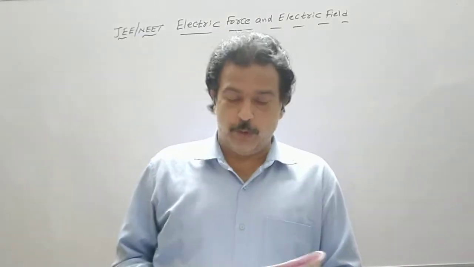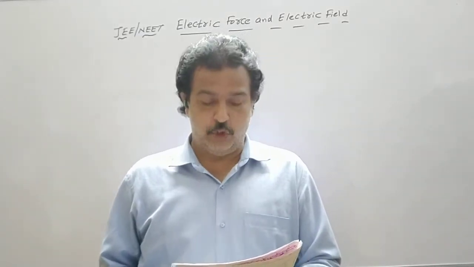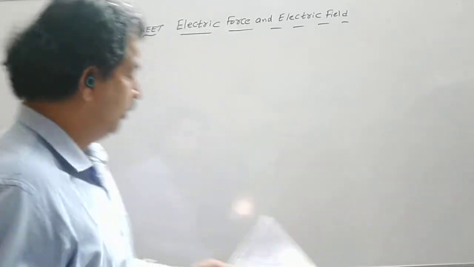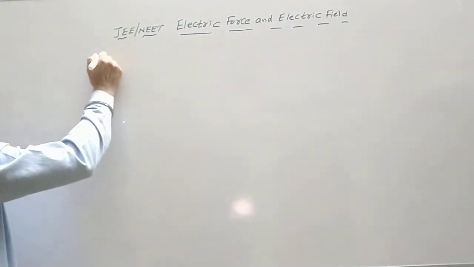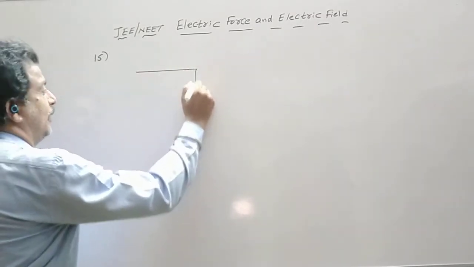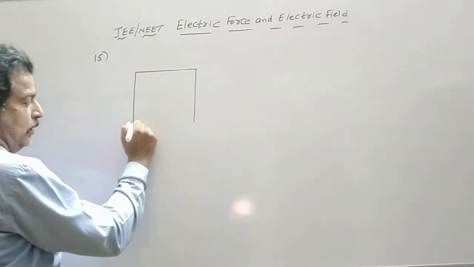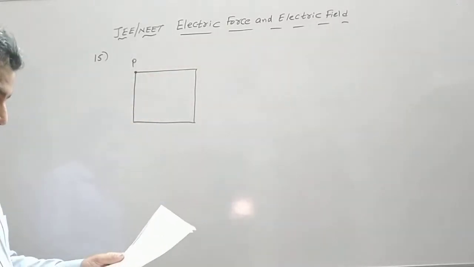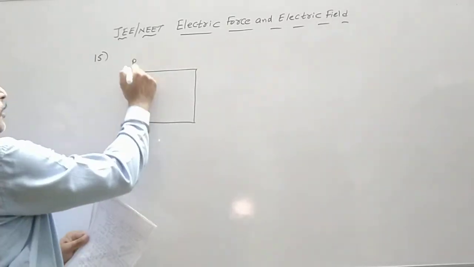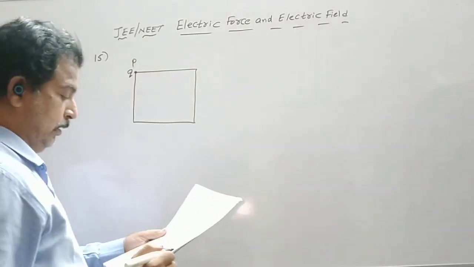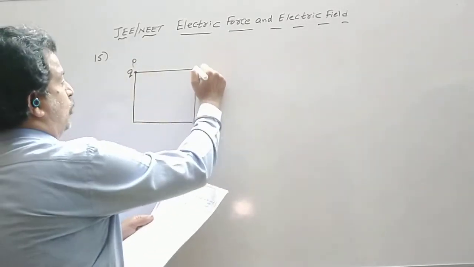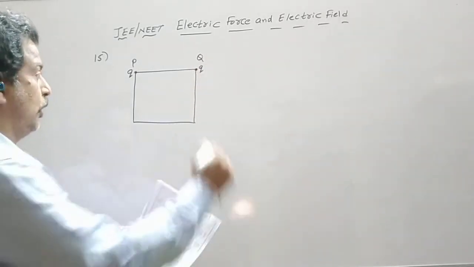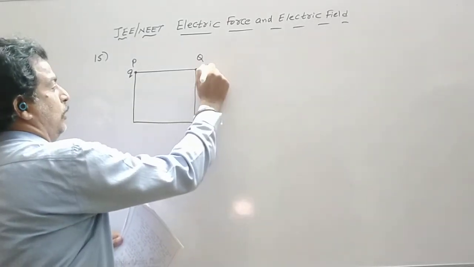PQRS corners of a square are occupied by q, minus q, 2q and Q charge respectively. So one square is given to us. Let us take this square, that is point P. The charge on this is small q. Then the charge on the vertex Q is minus q.